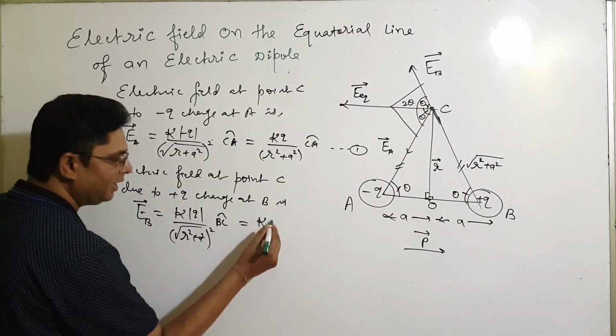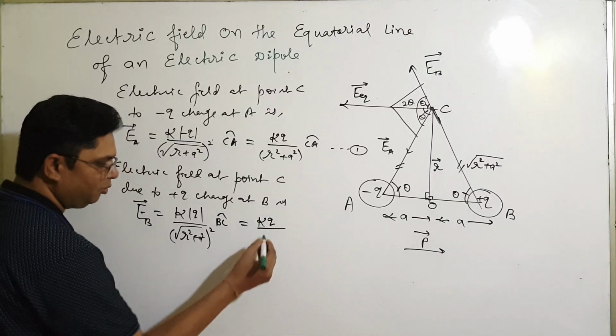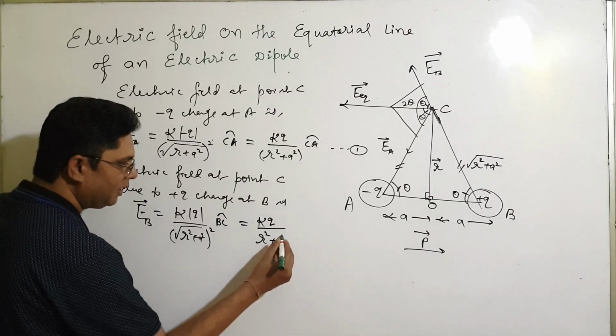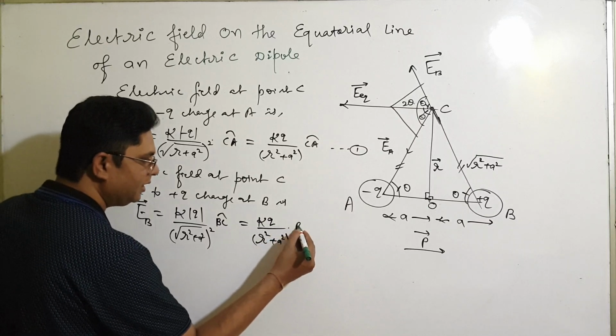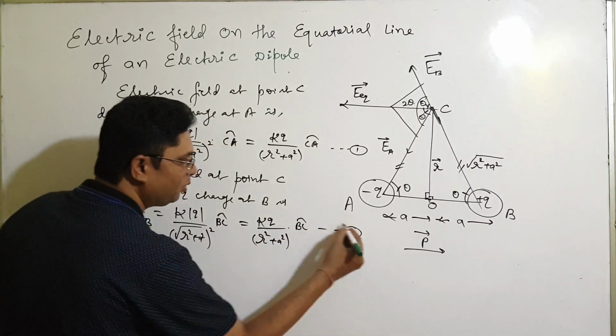Which you can write KQ divided by r square plus a square, and direction is BC cap. This is equation number 2.